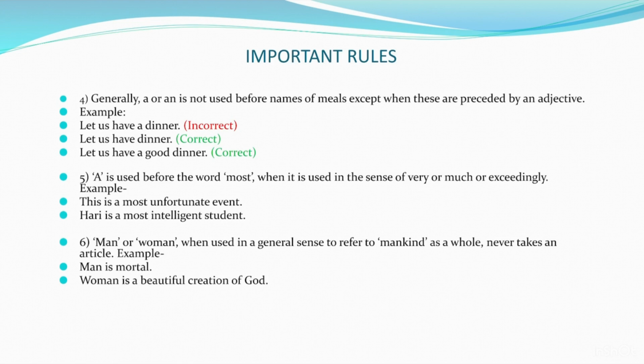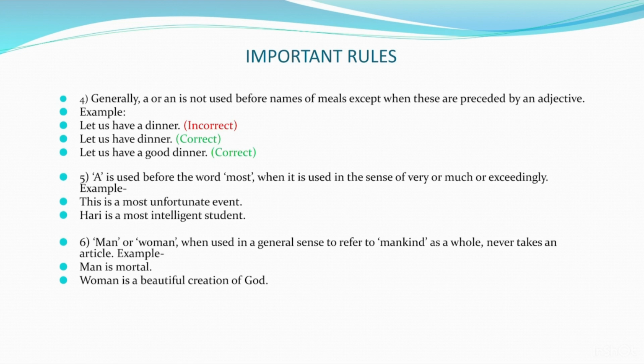Next is a is used before the word most when it is used in the sense of very or much or exceedingly. Okay, so this is one rule of exception. Generally we use the definite article the before the word most, but in some cases we have to use a before most, where the word most means very or much or exceedingly.